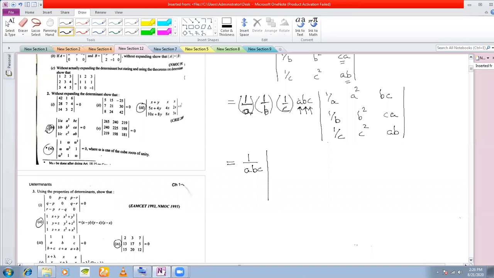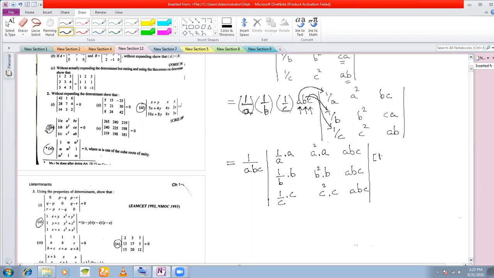Now I multiply this A with this row. It becomes 1 by A into A, A square, A cube, and ABC. I multiply this B with this, so I get 1 by B into B, B square, B cube, and ABC. And I multiply this C with this row, so I get 1 by C into C, C square, C cube, and ABC.